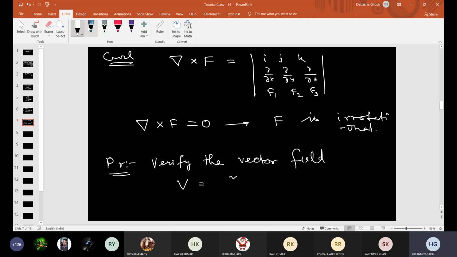In the case of a two-dimensional vector also, we can get the value 0 for the coefficient of k. That means you can put f3 to be 0, and then you can evaluate the determinant also. So verify whether the vector field is irrotational or not.